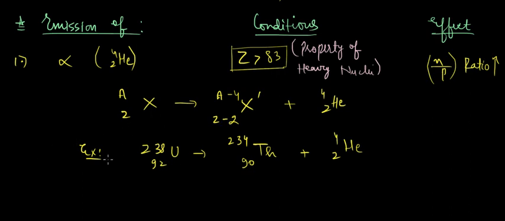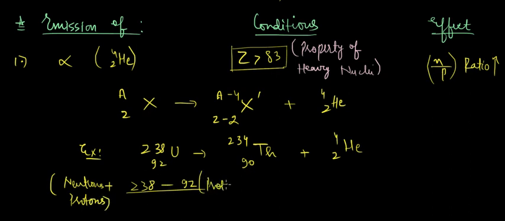Here if you calculate the N by P ratio, N would be atomic mass minus atomic number. The atomic mass is not the number of neutrons, it is the total number of nucleons, that is number of neutrons plus number of protons, and 92 is just the number of protons.